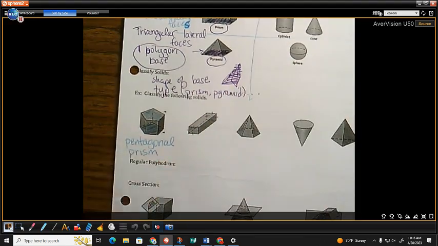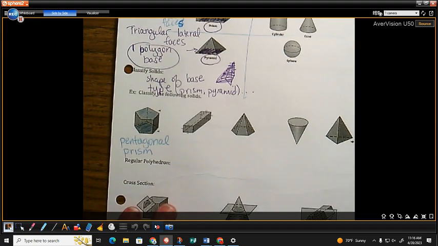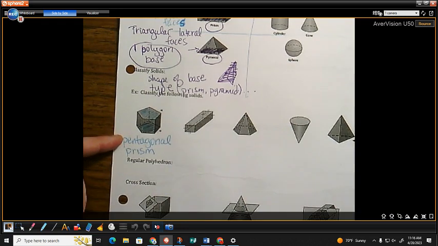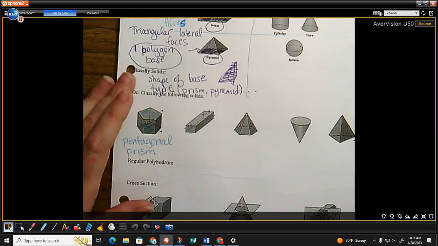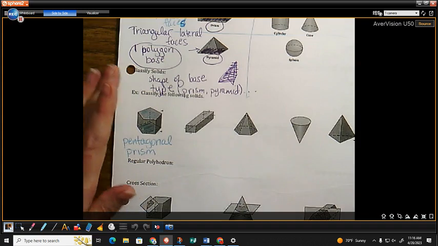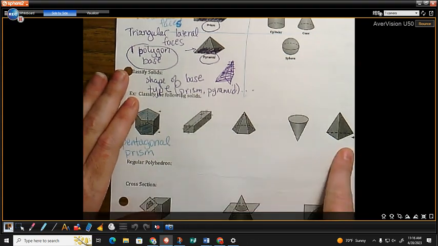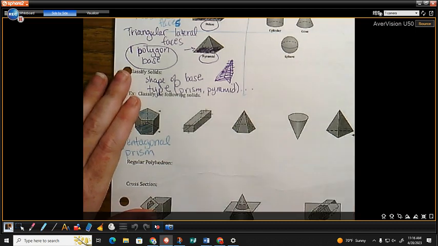Etc., etc., etc. And so this one you said its base was a pentagon, so it was pentagonal. And since it had two congruent parallel bases, you said it was a prism. Okay? So talk amongst yourselves. I'm going to give you about 30 seconds. Figure out the names for these guys. I will give candy to the entire table if you can get the different names right.